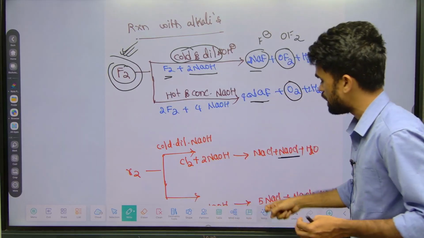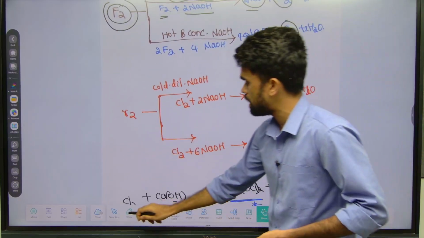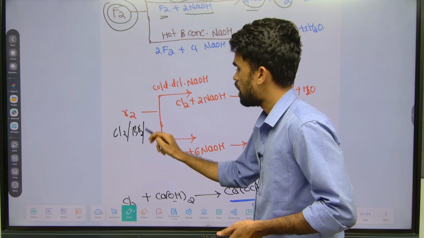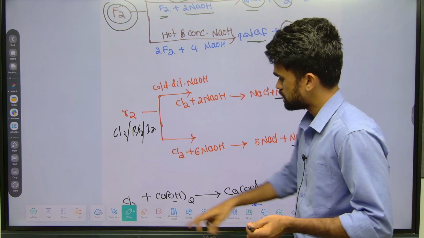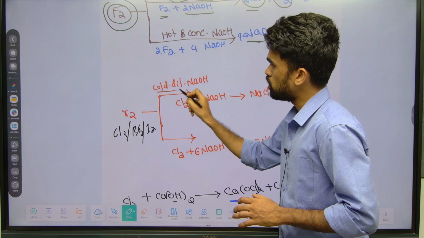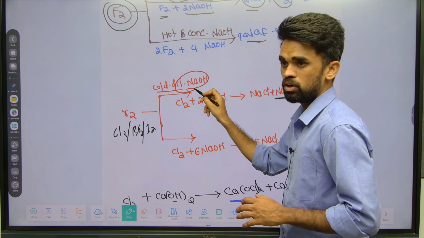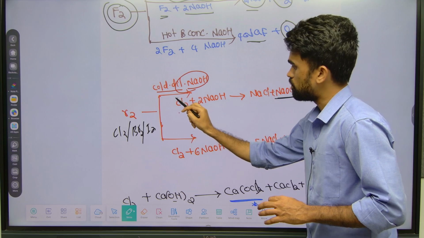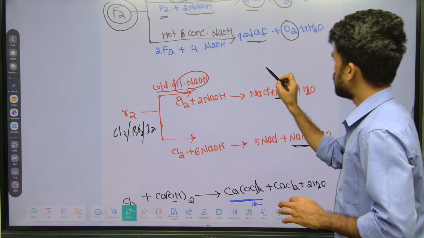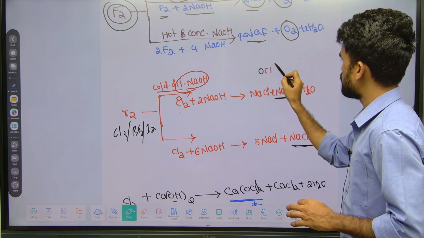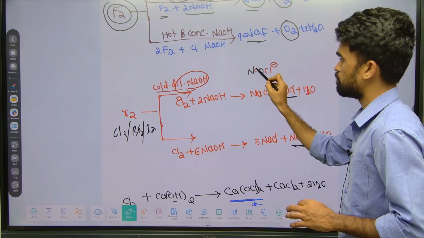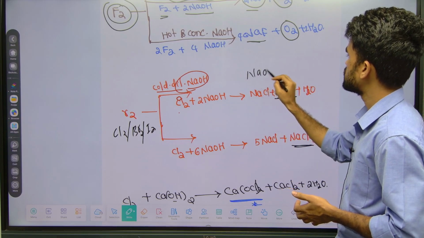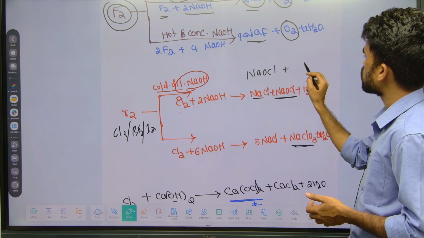Now if I take any other halogens, like chlorine, bromine, or iodine, in this case, if I use dilute NaOH, a dilute base, the reaction will be like this. Cl2 converts to NaOCl, and one more is chloride ion.